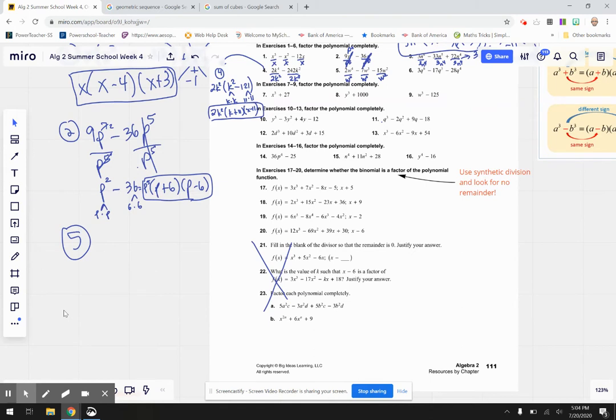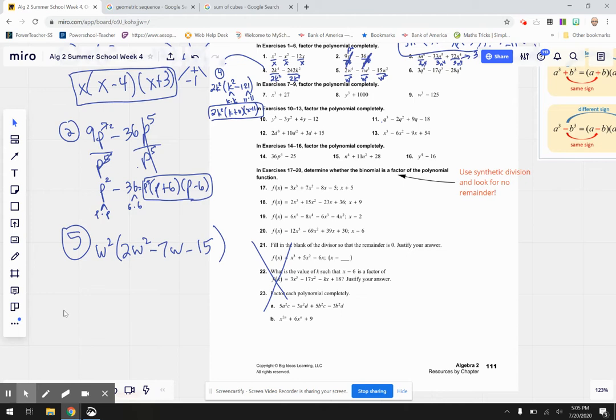So we have W squared is our GCF. So what's left over would be 2W squared minus 7W minus 15. So all of them get taken out 2 W's. That's what would be left over.